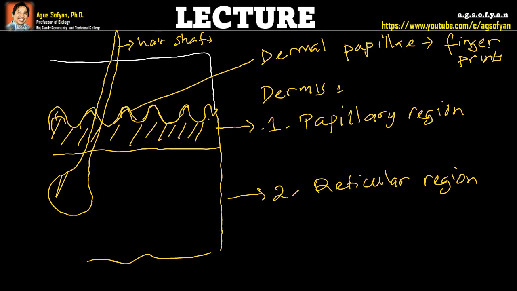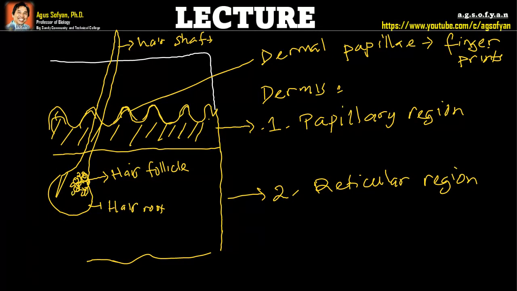And in the reticular regions, there will be the hair root. Close to the hair root, there will be an area where the hair cells will be growing, and that area is called the hair follicle. So the hair follicle consists of hair stem cells that keep growing.